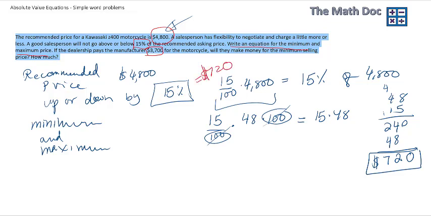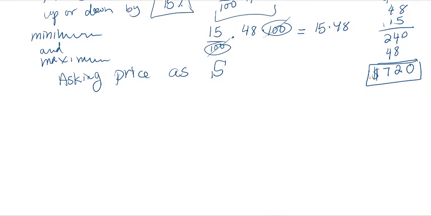Okay, so now let's go back to our word problem. The salesperson can go up or down by 15%, right? So let's write the asking price, not the recommended but the asking price, as S, capital S. Well, we know that our asking price has to be within 15%, but it can be bigger or smaller, right?